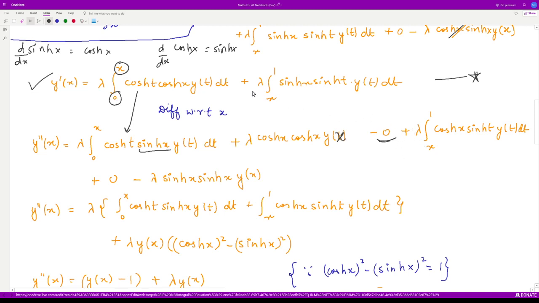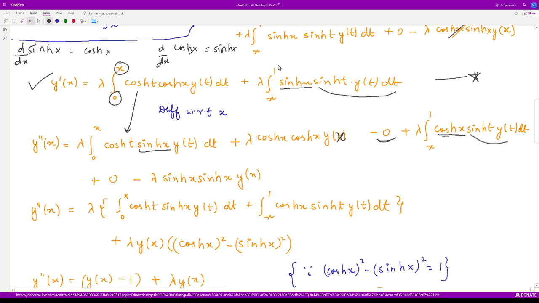Plus similar is with this term, right? The lambda times integration from x to 1, the partial derivative of this whole term with respect to x. So it will be the derivative of sinh x only, and what is that? cosh x. Rest all these terms being treated as constant, so they come as it is.